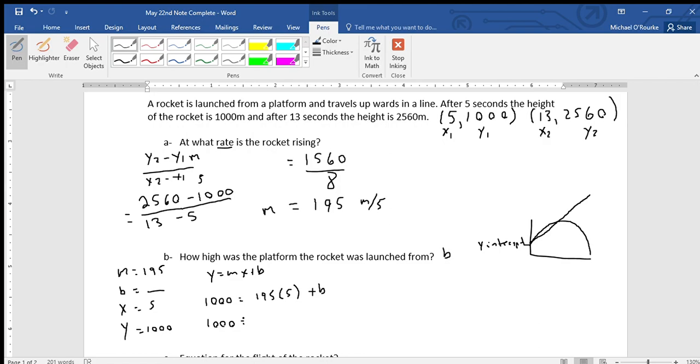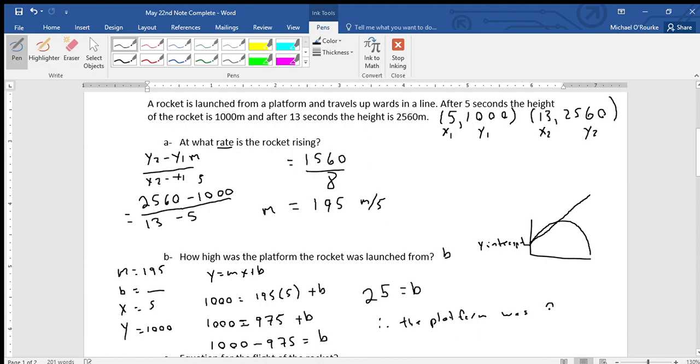Yep. 975 plus B. Then let's rearrange. 1,000 minus 975 equals B. So B equals 25. So therefore, the platform was 25 meters high.